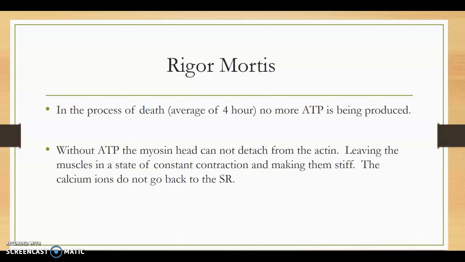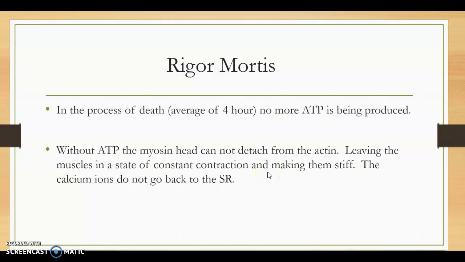If there's no ATP, the myosin head cannot detach from the actin, because remember, in order for the myosin head to detach, we need ATP. If it cannot detach, it leaves the muscles in a state of constant contraction, and it makes them stiff.